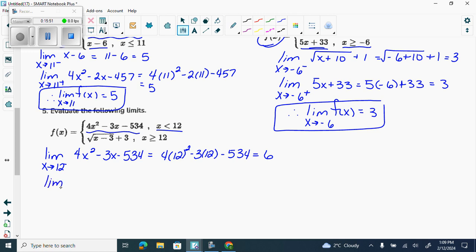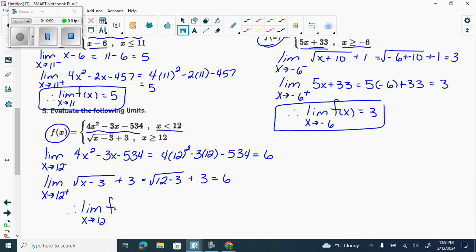And the limit as x approaches 12 from the right, square root x minus 3 plus 3, square root 12 minus 3 plus 3, which is 6. Therefore, the limit as x approaches 12 of f of x equals 6. All right, I have one more thing.